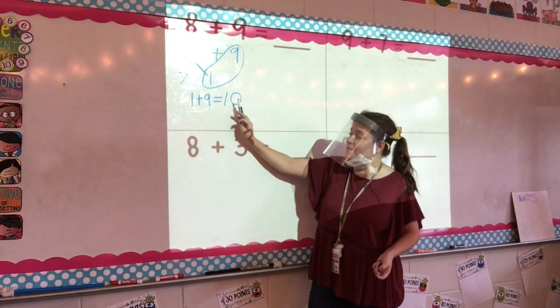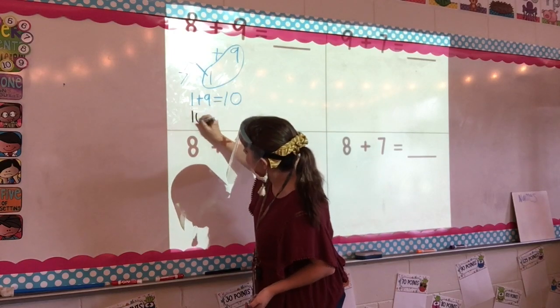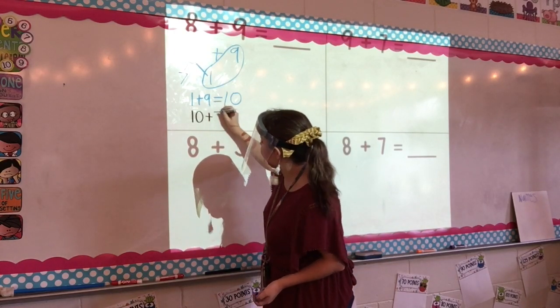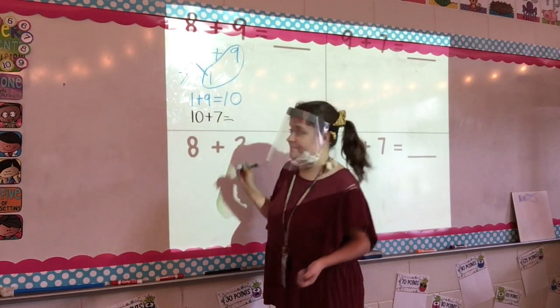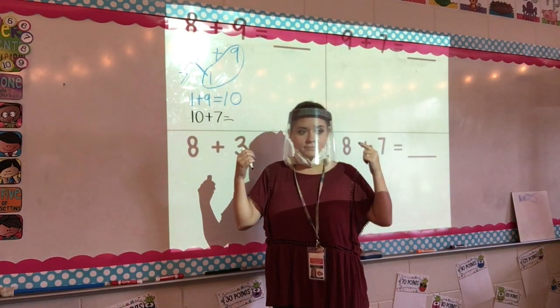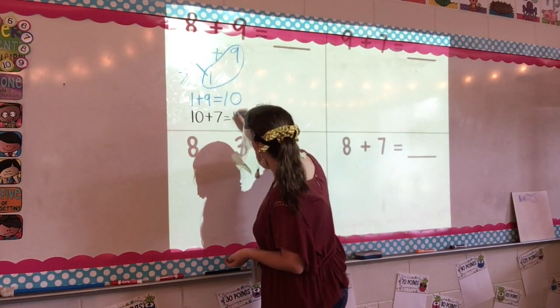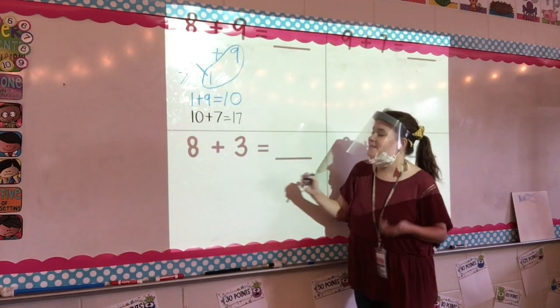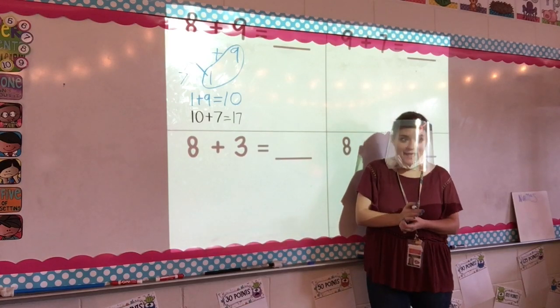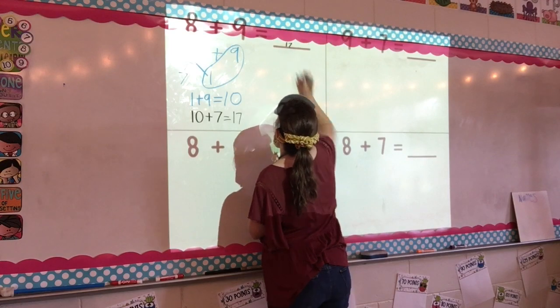I have the 10, but now I've got to add my 7. So 10 plus 7. Now that's something easy to do in my head. Micah, what's 10 plus 7? 17. Remember. So 17 is my answer. And I'm going to go ahead and write that in my answer slot. It's 17.